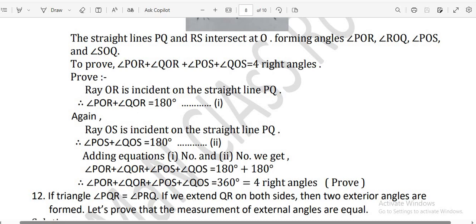Therefore angle POR plus angle QOR plus angle POS plus angle QOS is equal to 360 degrees, which is 4 right angles. Hence it is proved that the sum of the measurements of the four angles is four right angles.